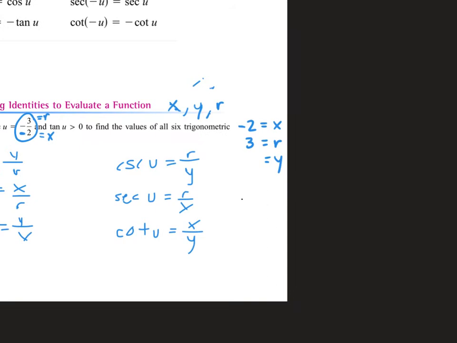It also tells us that tangent of u is greater than 0, so we need to use our little acronym that tells us what quadrant it's in: all students take calculus. If secant is negative, which two quadrants can we cancel out right off the bat?